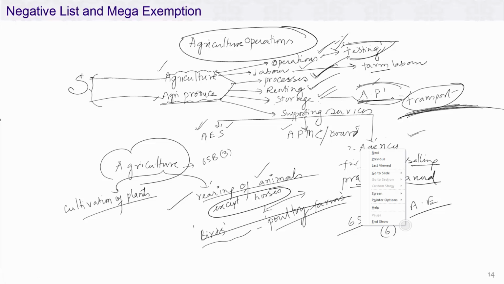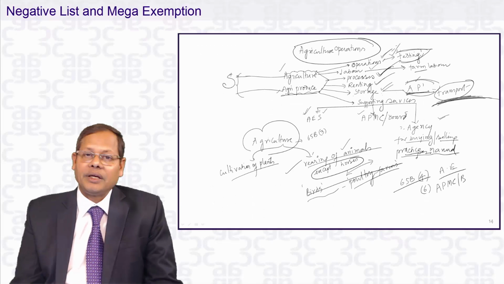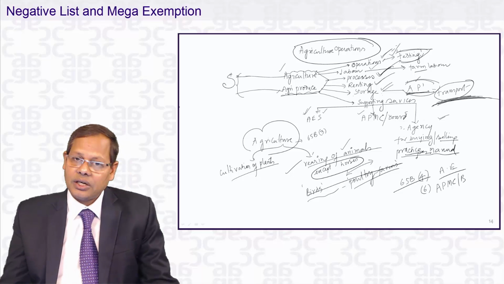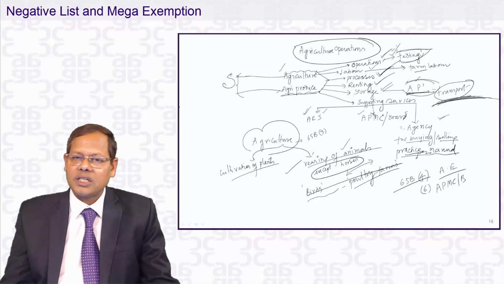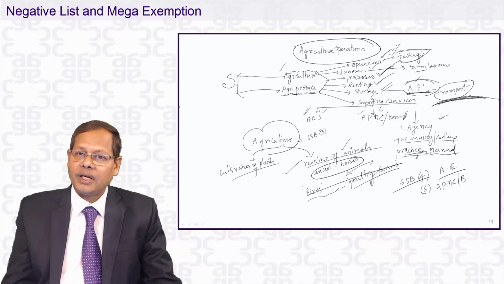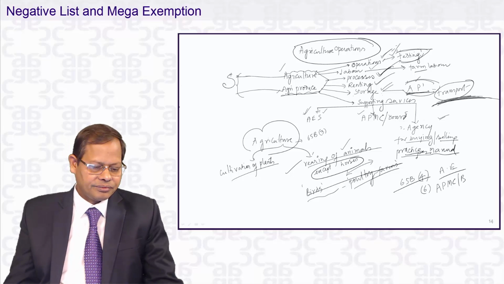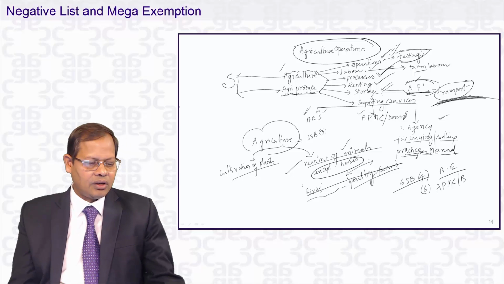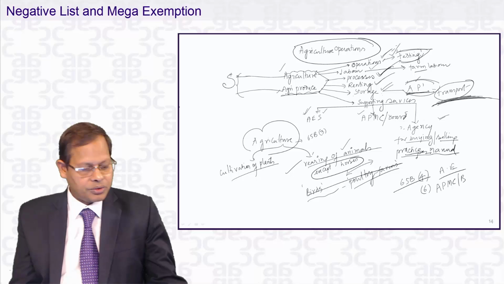It means any committee or board constituted under a state law for the time being in force, because agriculture is basically a state subject under the Constitution of India, for the purpose of regulating the marketing of agriculture produce.